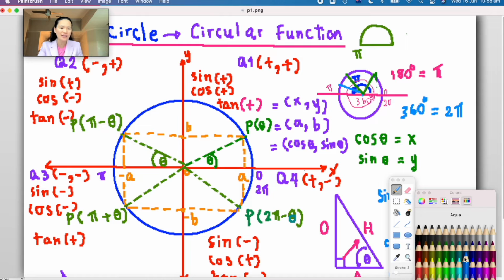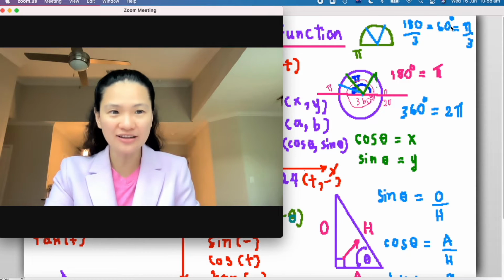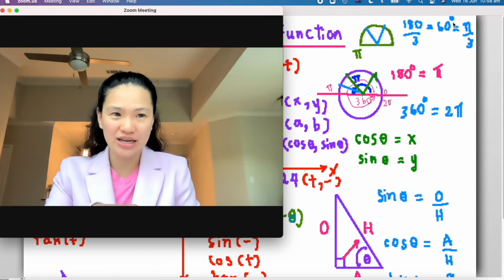If I divide it by 3, it's going to be like this. So that means 180 divided by 3 is equal to 60 degrees, or another way is equal to pi divided by 3. So there is a reason that 60 degrees equals pi divided by 3.